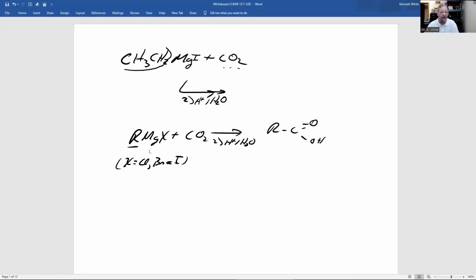Well, what's the R group? This. So we'll have CH3, CH2, my carbonyl right here with the hydroxyl group, and this is the product you get. By the way, this reaction I'll never put as a synthesis problem.